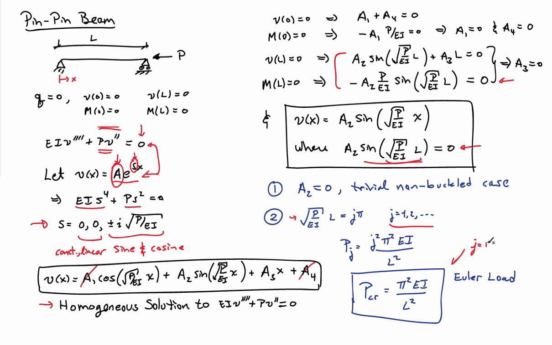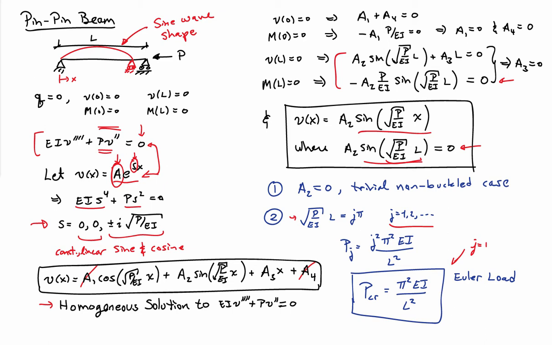That's going to be the minimum, so I get what's known as the Euler load, pi squared EI over L squared. That tells me when the beam is going to buckle, and the shape it's going to buckle into is a sine wave. I can see that right there. That's the eigenfunction to this differential equation.